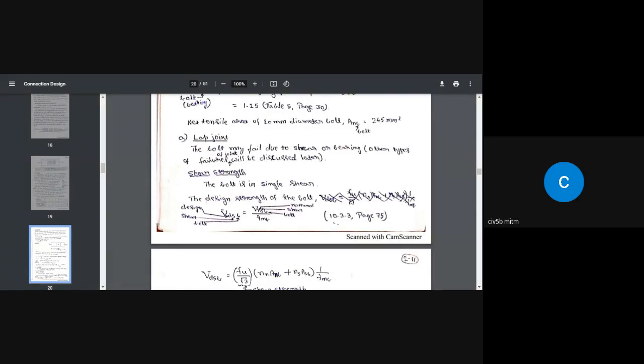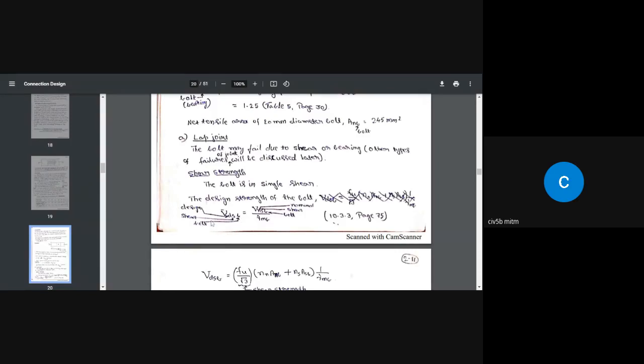V_nsb is given, if you go down a little bit on the same page, as V_nsb equal to f_u by root 3 multiplied by (n_n A_nb plus n_s A_sb). I have written those two formulas here in the notes. If you look at V_dsb in the notes, D stands for design, S stands for shear, B stands for bolt.